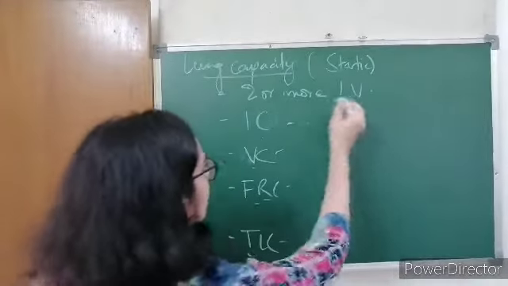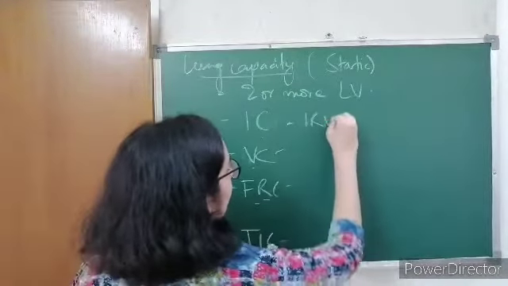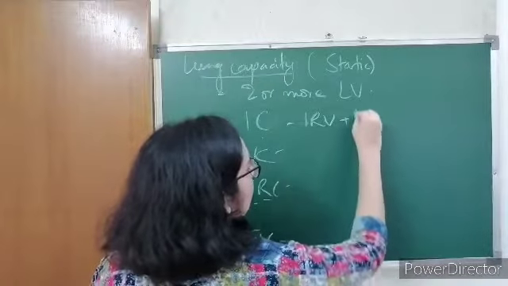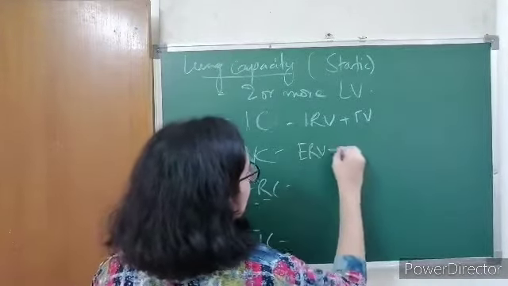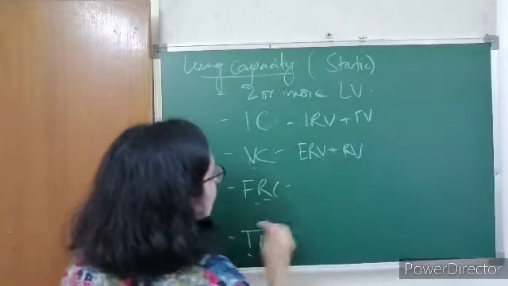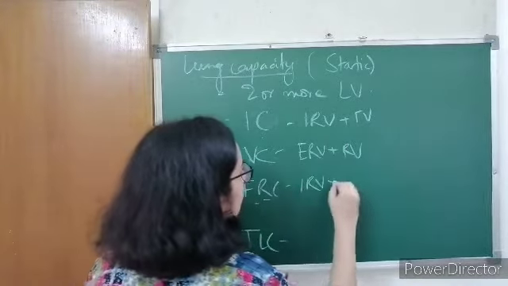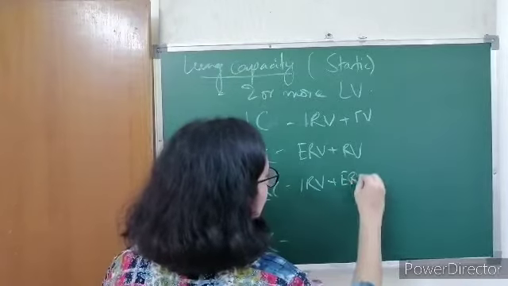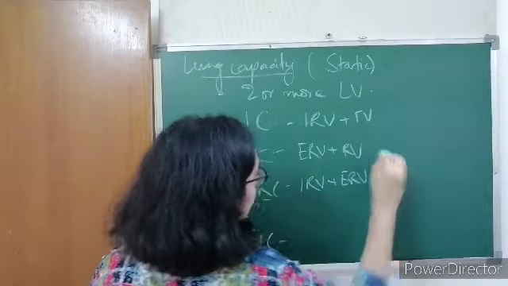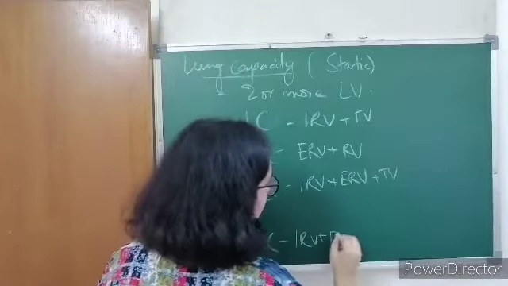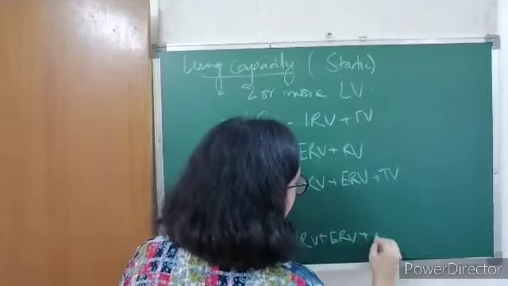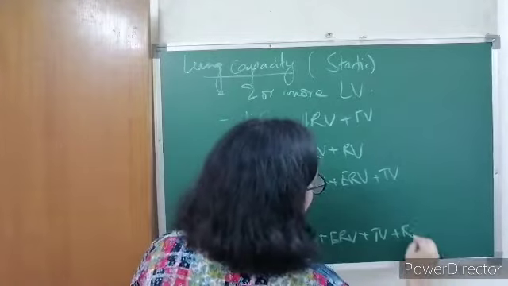What is IC? IC is nothing but IRV plus TV. VC is ERV plus RV. FRC is IRV plus ERV plus TV. Sorry, FRC is ERV plus RV. And TLC is all the four volumes together.